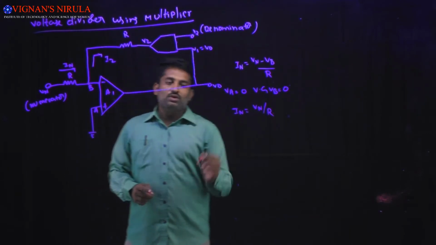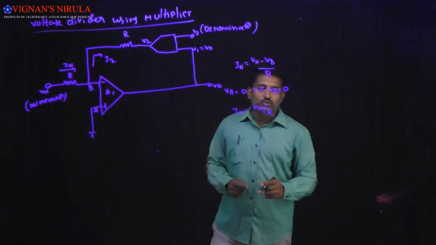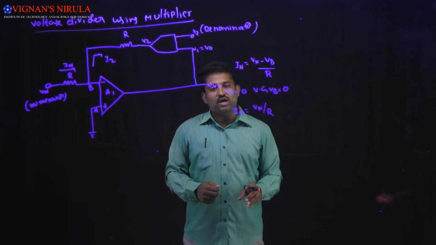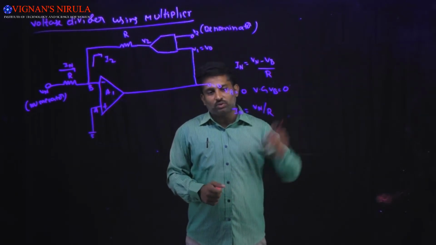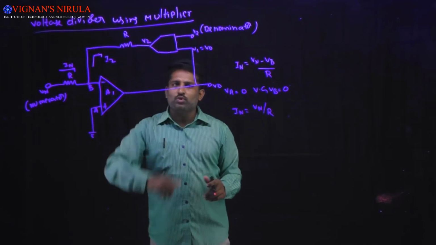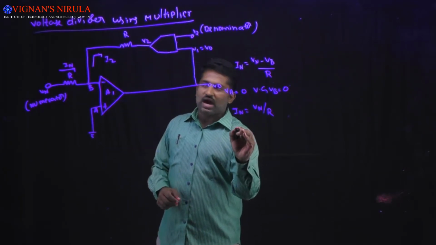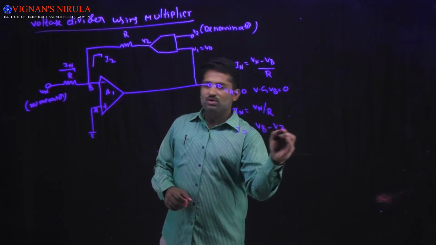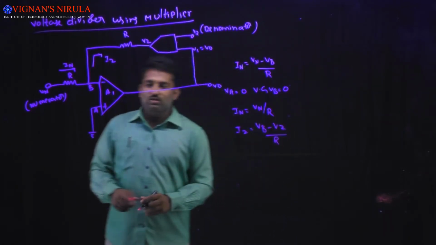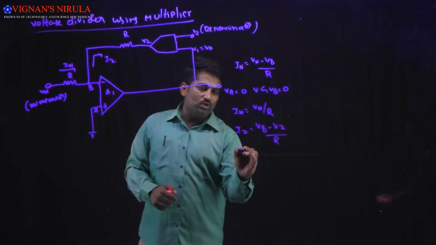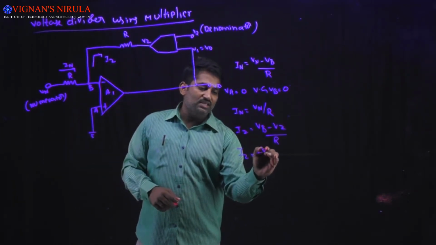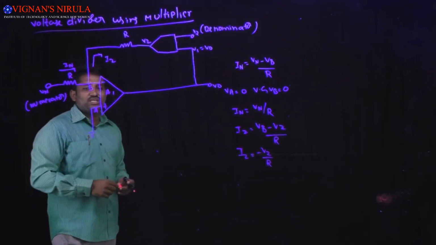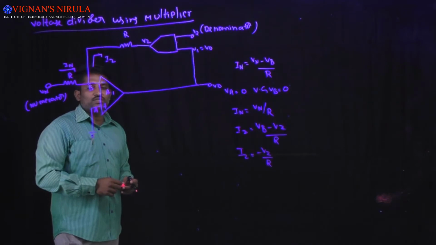Next, as I told you, the input current drawn at the input terminals of an op amp is 0, or the input current will be equal to the output current. Here I am going to calculate the current IZ. IZ will be equal to VB minus VZ divided by R, where VB is equal to 0. So we get IZ equal to minus VZ divided by R, where VZ is the output voltage of the multiplier.